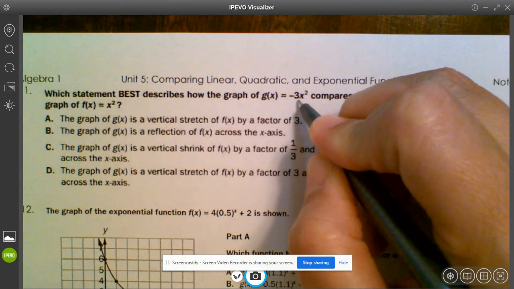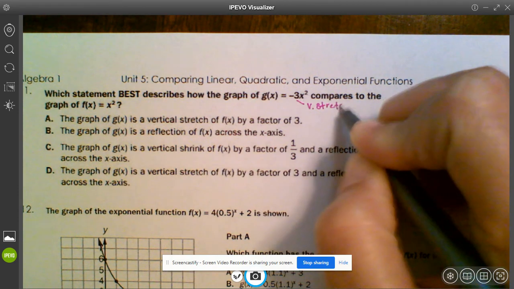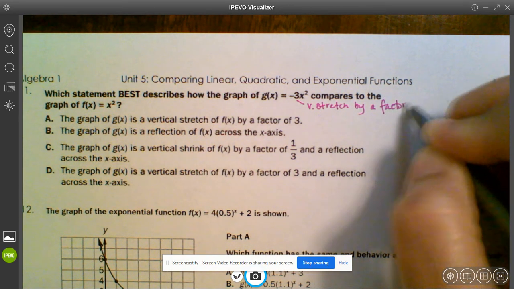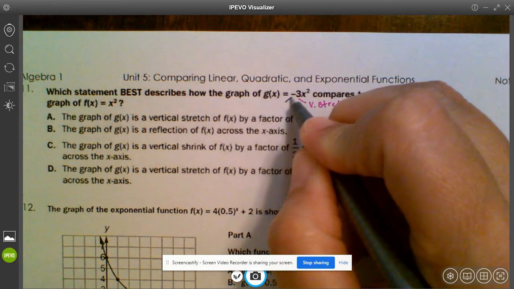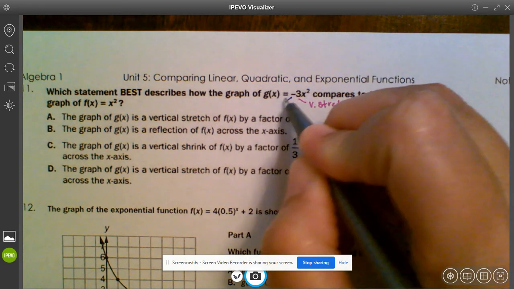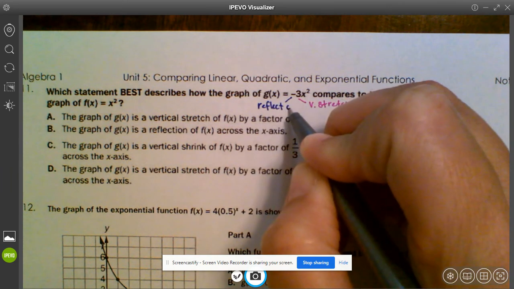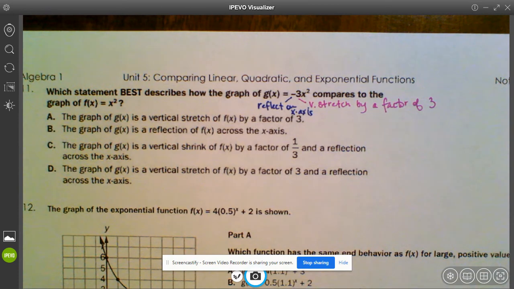We're multiplying by 3, which is a vertical stretch by a factor of 3. But I also see that this negative sign means that we are reflecting on the x-axis. All right, so there are 2 transformations happening.